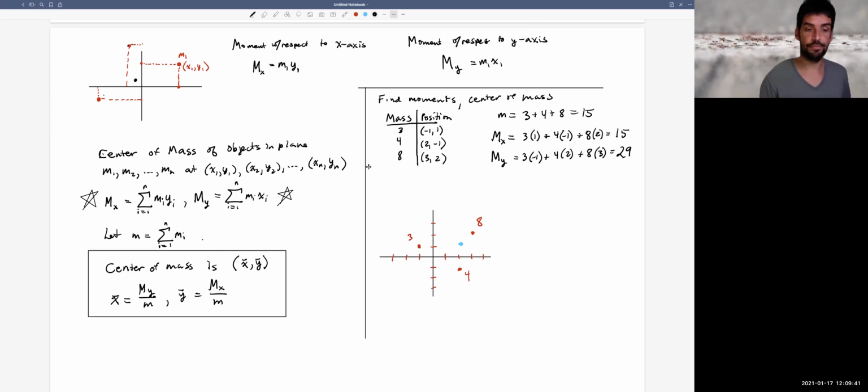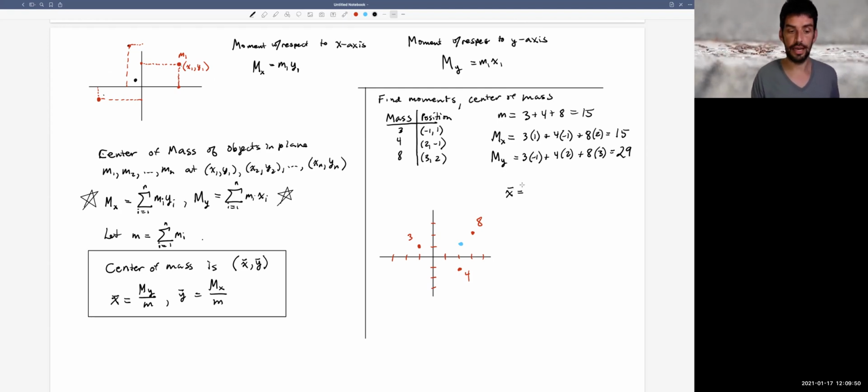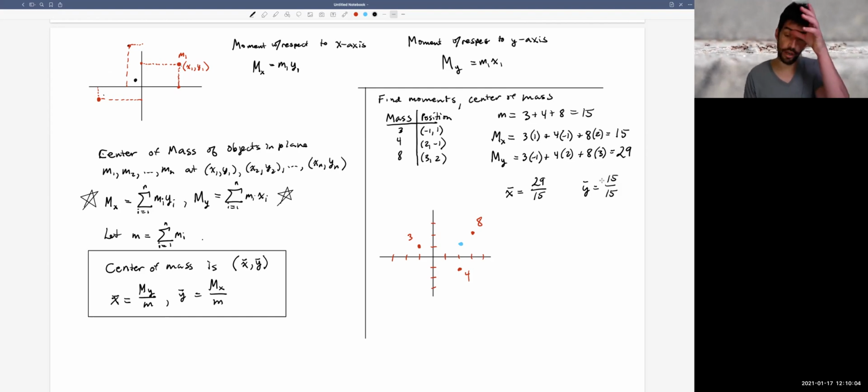And now let's compute the center of mass. It's going to be given by x bar, which is my over m. So that's in this box here. So 29 over 15. And y bar, which is 15 over 15, or 1, right?